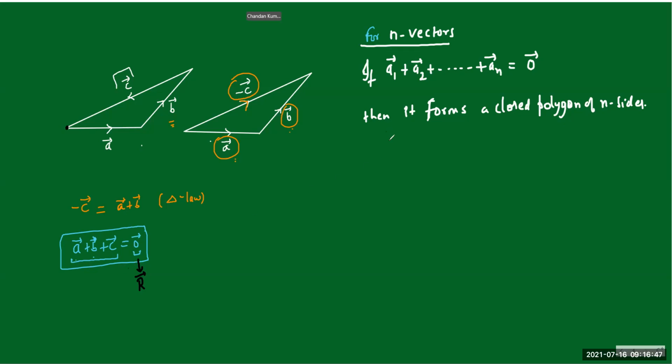So the polygon is simple: the closing side will give you the resultant, and if there is no closing side which you can draw, it means the resultant is 0. You can always say that. If there is no closing side, then the resultant is 0. So these are all the laws which we needed to know.